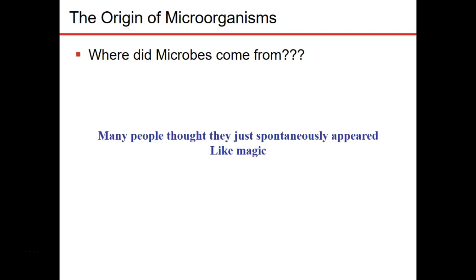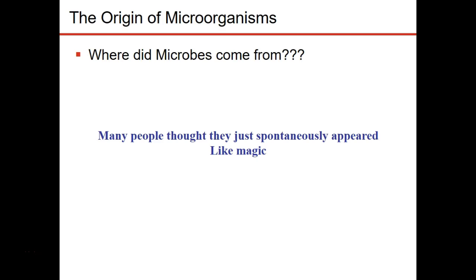so most people thought spontaneous generation was how living things came about. So microbes that were growing, like fungus growing on your food that had been set out or set in a jar for multiple days, just spontaneously started growing there.